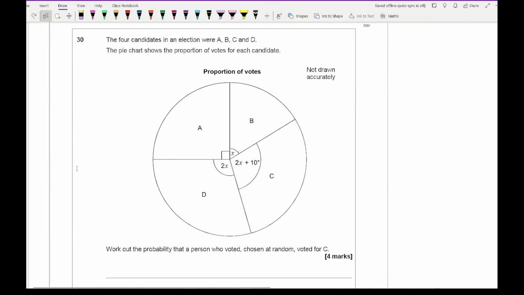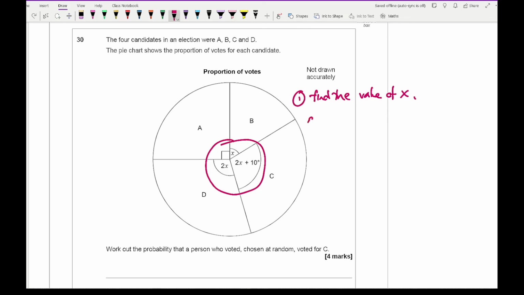Then looking at question 30, it says that the 4 candidates in an election were A, B, C and D. The pie chart shows the proportion of the votes for each candidate. Work out the probability that a person who voted, chosen at random, voted for C. Now for this, I need to find the value of x first. I know all of these angles add up to 360.